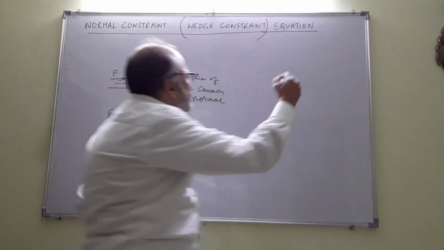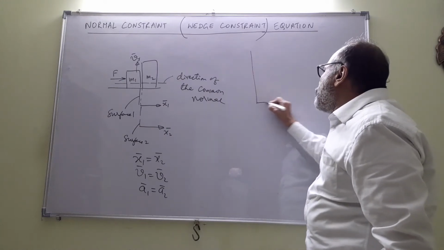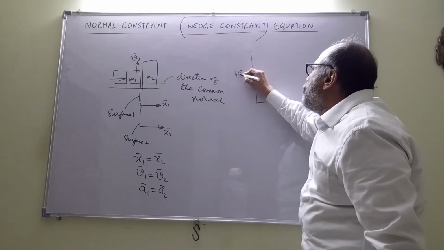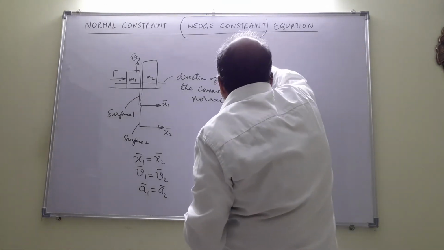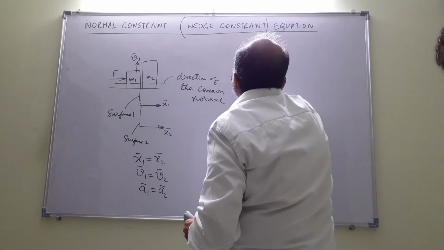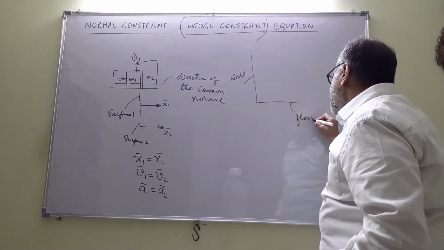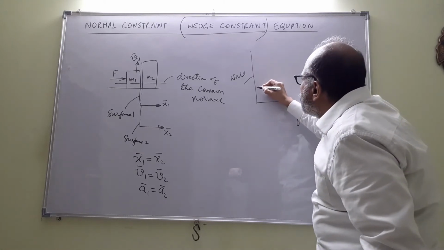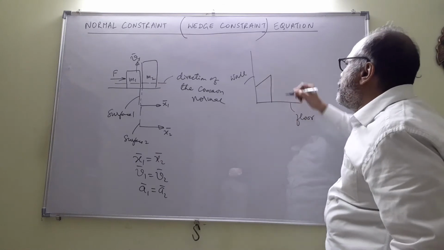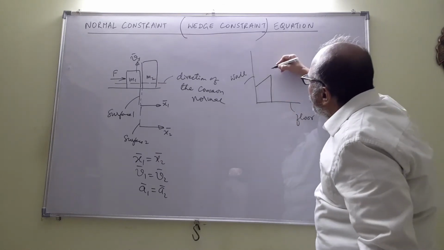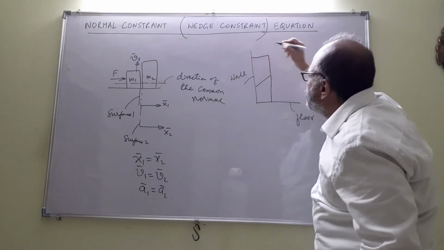Let us take an example where we have a wall and a floor. This is a wall and this is the floor. I am showing a body of this shape resting against the wall, and you have another body over it of this shape.